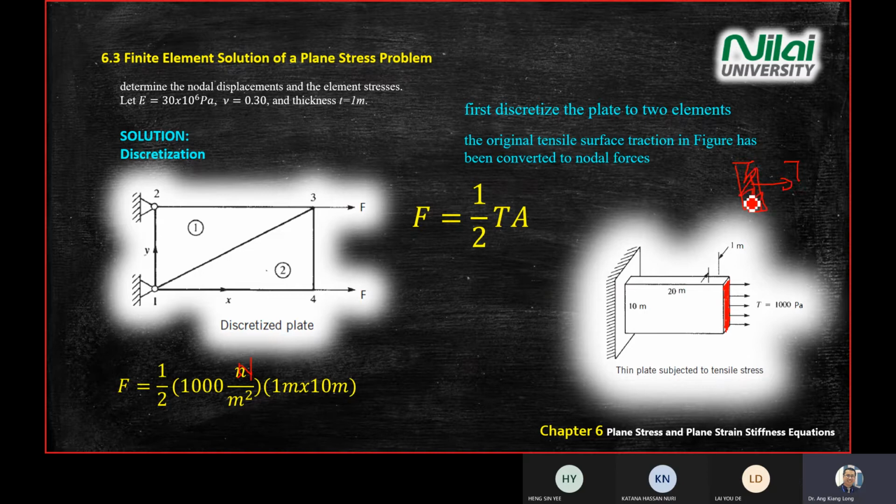I highlight with my pen. So this one equivalent to here. So what is the area of this one? Is 1 meter times 10 meter here. So that's why 1 times 10 here. So the forces in your calculation is 5,000 Newton. 1F is 5,000. So 5,000 by 5,000 total is 10,000. Yeah. But when you do analysis, we look at individual F.